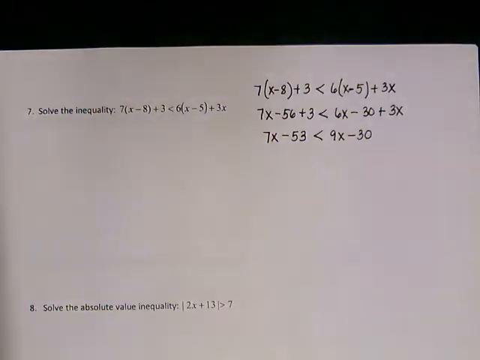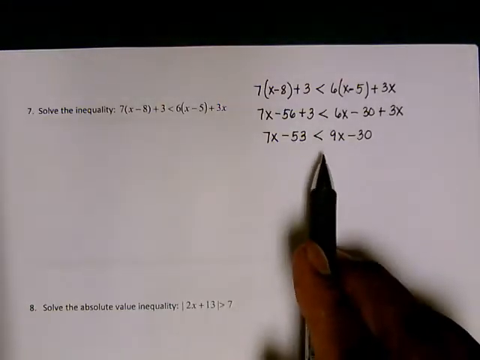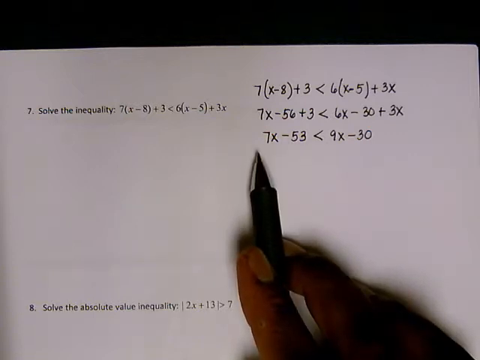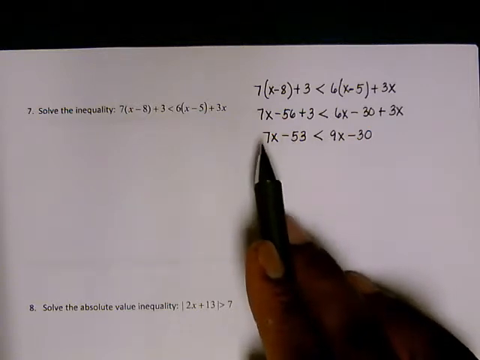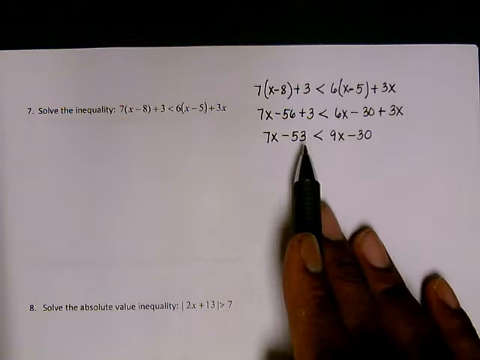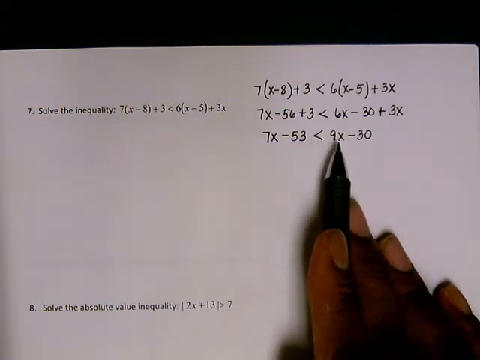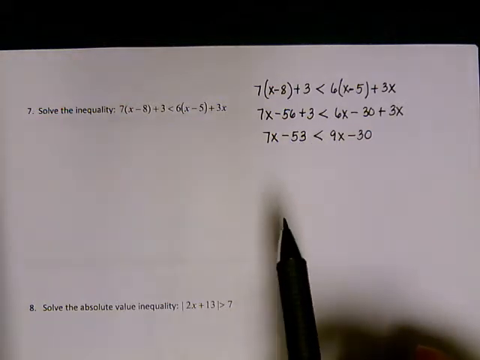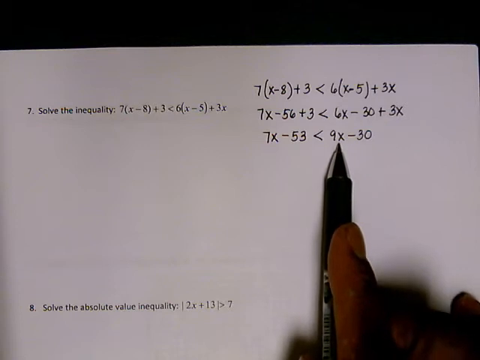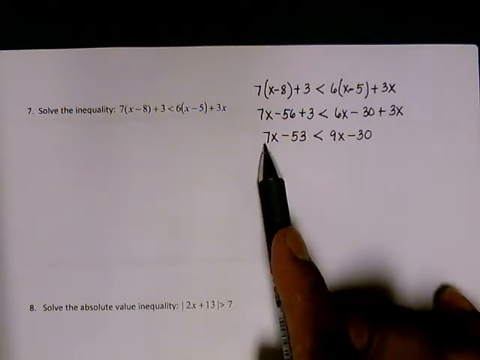Now the next step would be to get the variable on the left side of this inequality. It's much easier to work with this particular inequality by putting the variable on the left hand side. So I'm going to move the 9x over to where the 7x is.